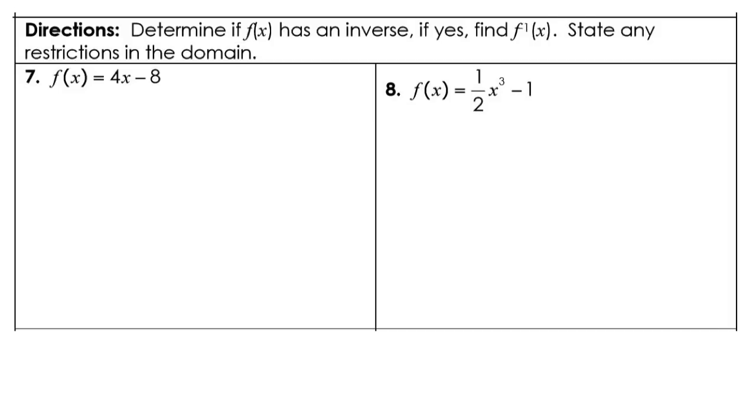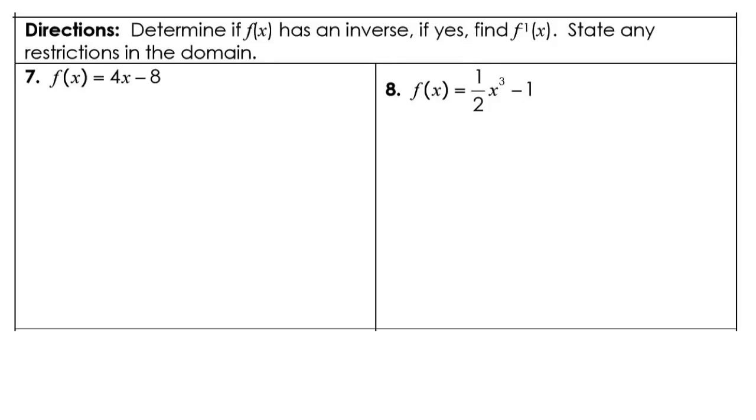So starting with the first, we need to determine if f of x has an inverse, and if it does, then we're going to say yes, and then we're going to actually find that inverse. And then we need to state any restrictions to our domain. So let's go ahead and see if we can find whether or not we have an inverse for this function.